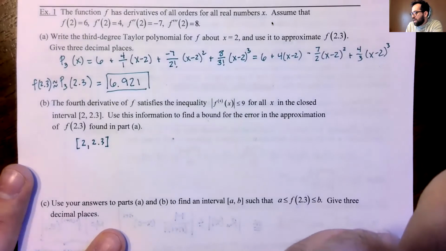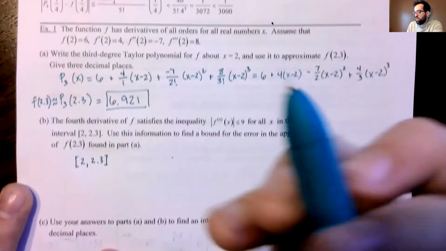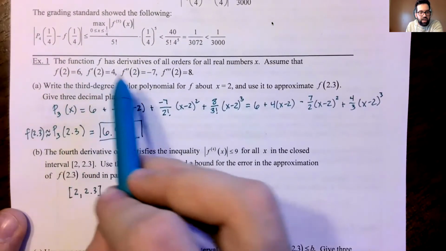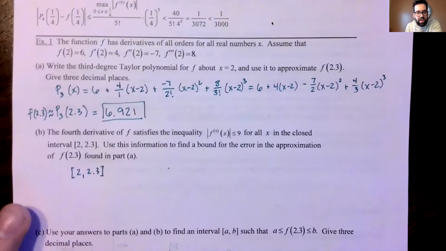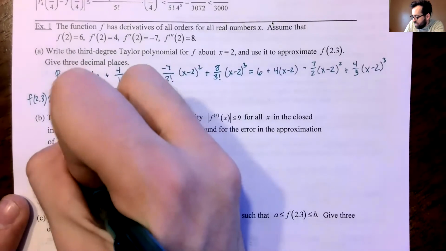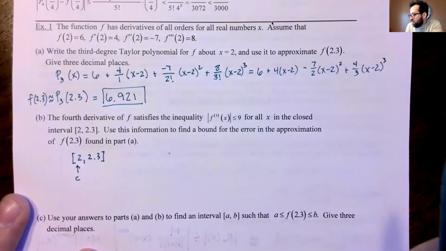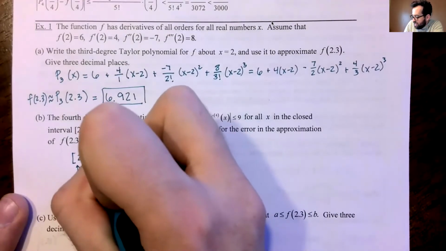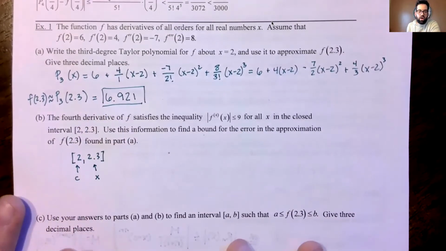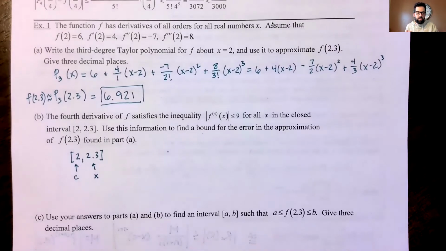If we take a look back at the original question, all of our function values were given at an x value of 2, and we were told that our Taylor polynomial is about x equals 2. That means that 2 is the c, the center. And notice that we are finding f of 2.3. That means, in essence, that that's what we're considering our x in this question.